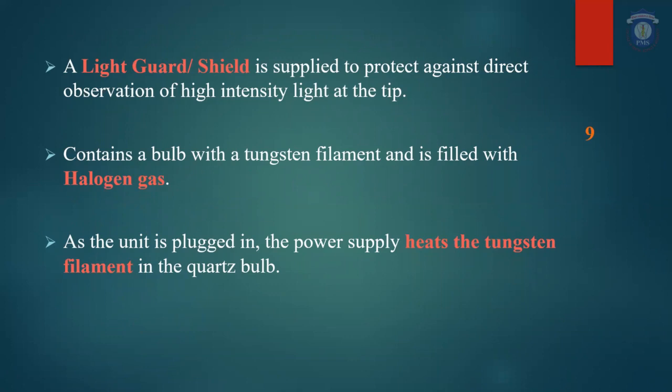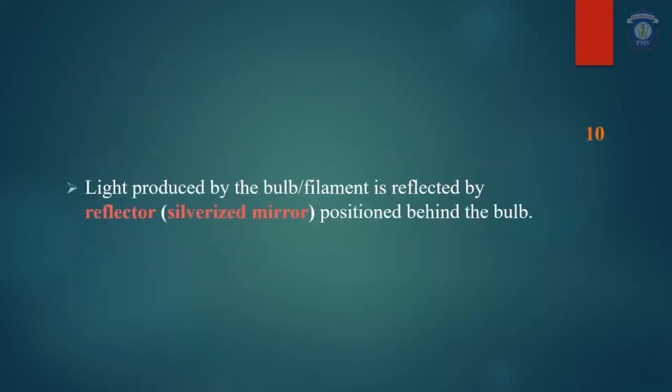It contains a bulb with a tungsten filament and it is filled with halogen gas. So when the unit is plugged in, the power supply will heat the tungsten filament within the quartz bulb. Light produced by the bulb or filament will be reflected by the reflector positioned just behind the bulb.